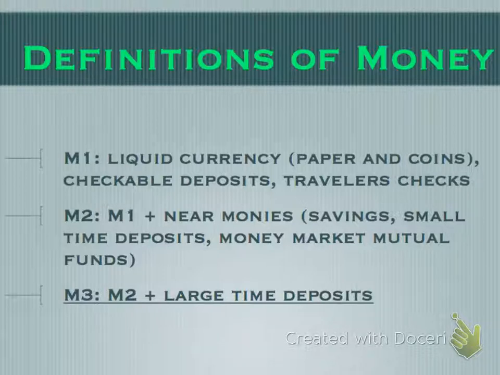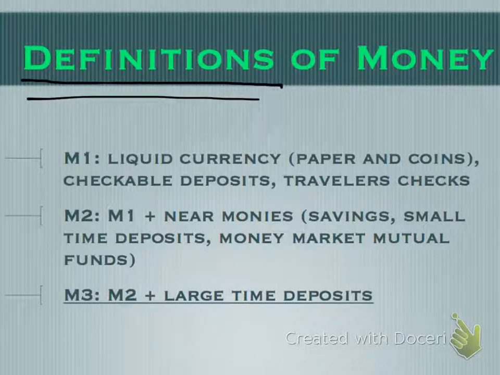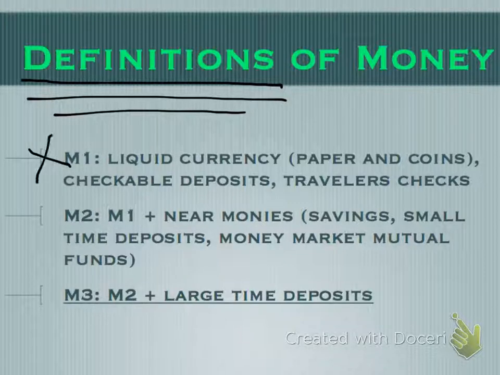The smallest pool of money that we measure, and these, not the functions of money, but these are the definitions of money, right? Notice the change. Economists measure 3 different pools, M1, M2, and M3. In reality, though, M3 is very difficult to measure, and so if you figure it out, you'll probably win a Nobel Prize.